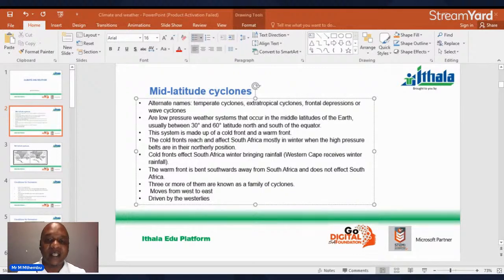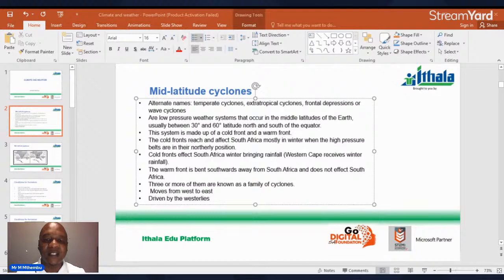Only this one here has actually moved down here. So they are almost aligned on one line. And then also if you look, the cold front has actually entered the interior. And then we said at the beginning that the mid-latitude cyclone affects Cape Town, especially the Western Cape.